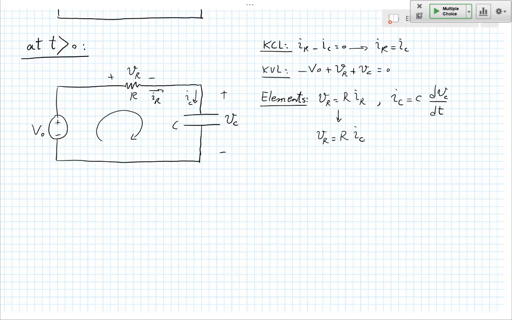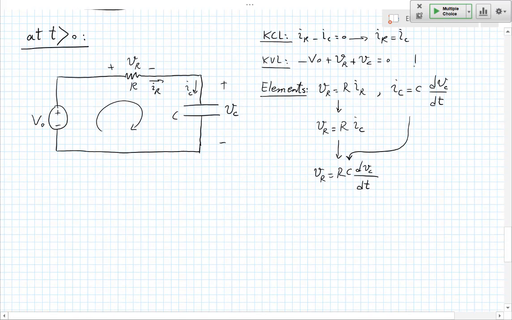I'd have an equation that has only VC in it, right? Can you guys tell me how to write VR in the form of VC, or based on VC? Yeah, look at here, use IC. VR is simply R times IC, and IC has that. So from here, I have VR equals R times IC, which is C dVC by dt.